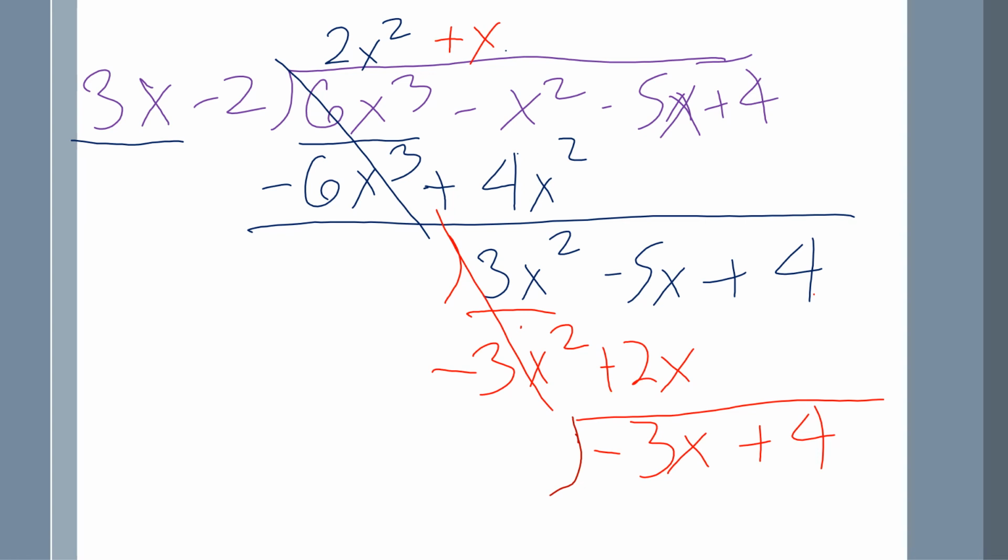All right, negative 3x divided by 3x is just negative 1. So negative 1 times 3 is negative 3x. Negative 1 times a negative 2 is positive 2. So if I change my signs, things cancel away. 4 minus 2 is 2.